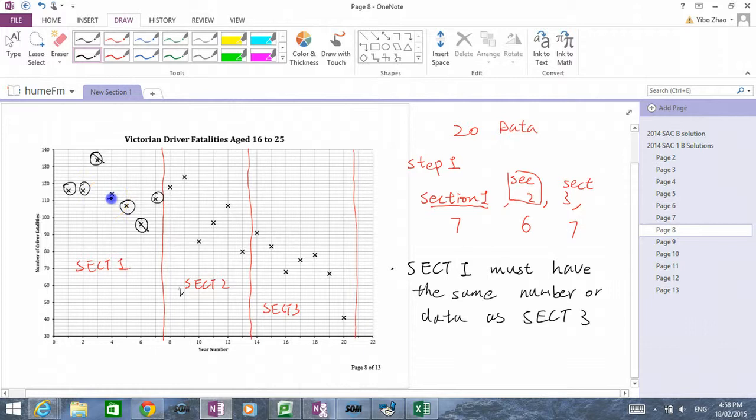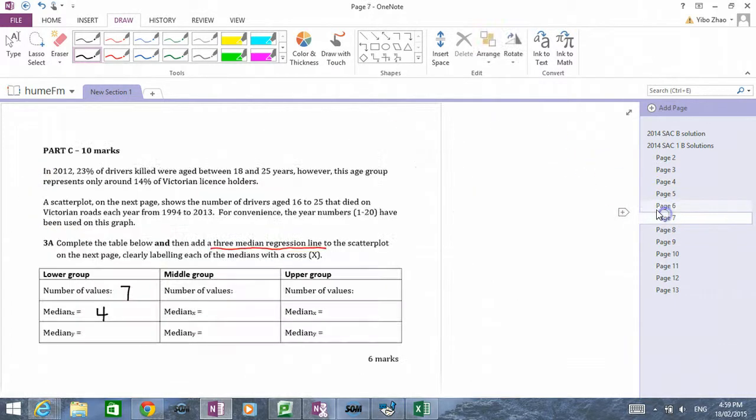Then I have the middle number again, which is this one. If I read it carefully, using a ruler, it's basically 114. So I go to my previous page, the median of y will be 114.